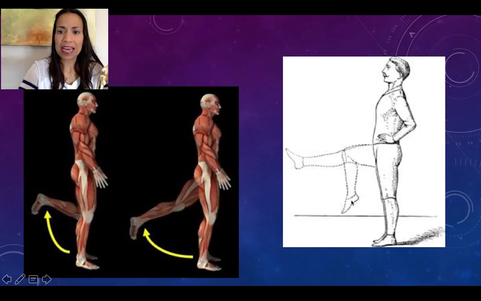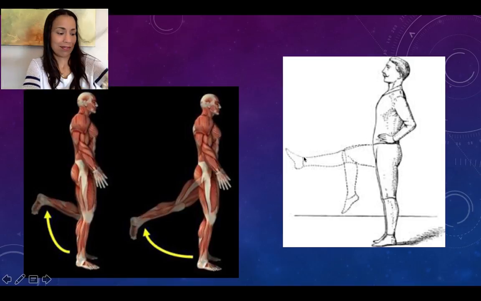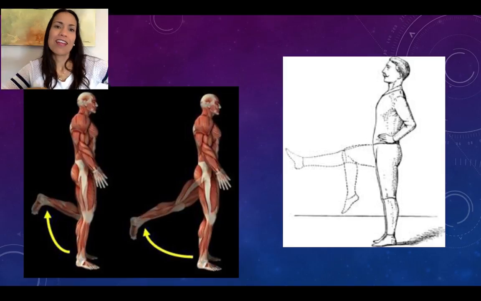Now look at the leg. In this image, the leg is flexed. In this image, the leg is extended. So this is flexion of the leg with the hip flexed, and this is flexion of the hip with the knee extended, or vice versa. Next, but not least, the foot.